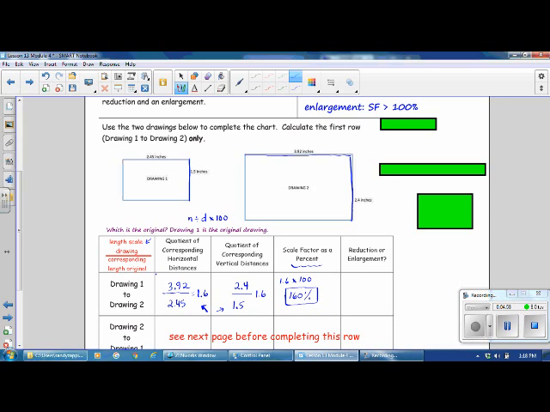And that's our scale factor as a percent. So again, that's numerator divided by denominator times 100. Then, is that a reduction or an enlargement? Well, since our scale factor is greater than 100, that would be an enlargement.